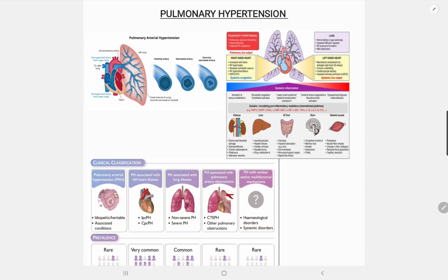Group 1 pulmonary arterial hypertension includes inheritable causes, drugs, and connective tissue diseases. That's what you need to remember, these 3 things for pulmonary arterial hypertension group 1.